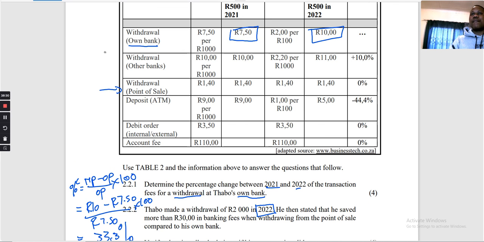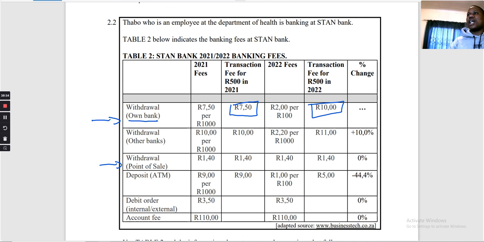We are going to compare these two for 2022. So here we've withdrawn 2,000. Let's start with own bank. How much are they going to charge if he withdraws at his own bank? At his own bank in 2022, they are going to charge him 2 Rand for 100 Rand. In simple terms, that is 10 Rand for 500.